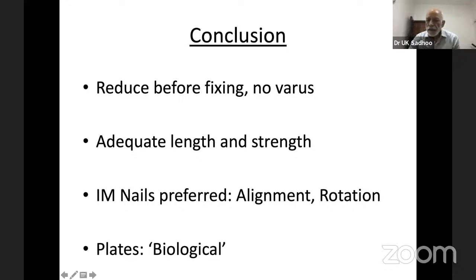Let me start again with the AP view. You have to aim either for the center or preferably for the infero-medial part of the neck and the head. Even if you have a previous DHS, that infero-medial part would still be virgin, so you would not lose the hold.